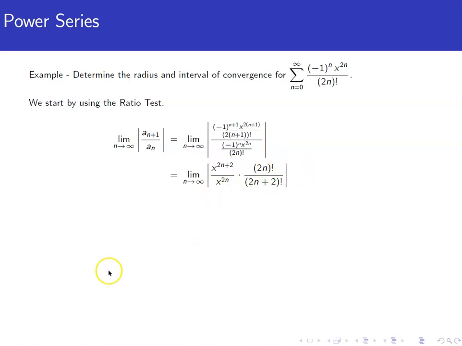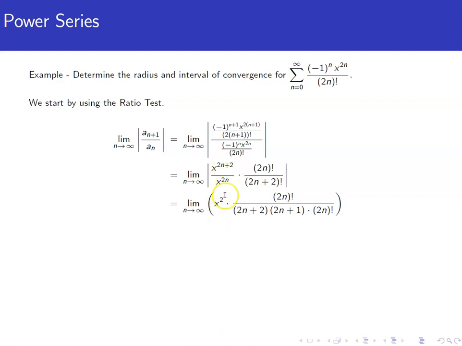When we simplify, though, we do need the x's inside the absolute value bars because the x's might be negative. Although in this case, we only have even powers on the x's, so that won't matter either. We get x^(2n+2), because I have to distribute that 2 through the n plus 1, over x^(2n). On bottom, for the second fraction, we get (2n) factorial over (2n+2) factorial. Again, the 2 has to get distributed through the n plus 1.